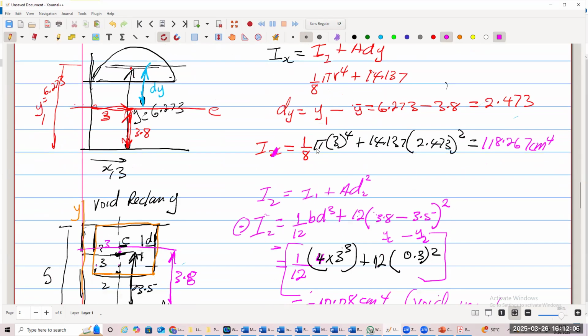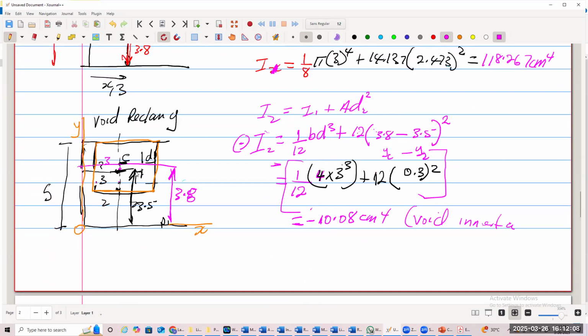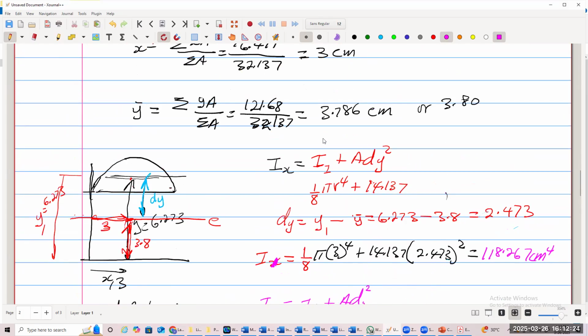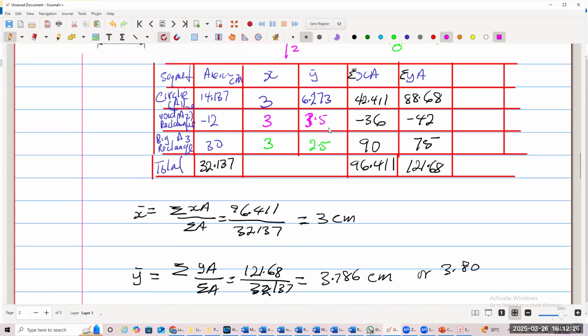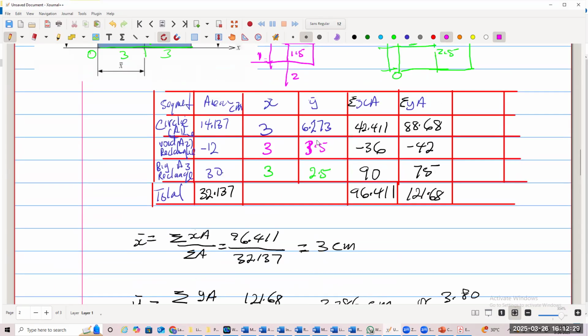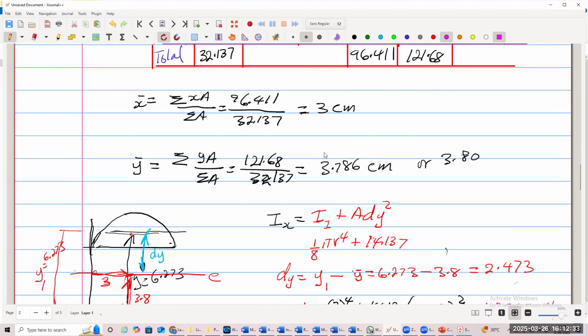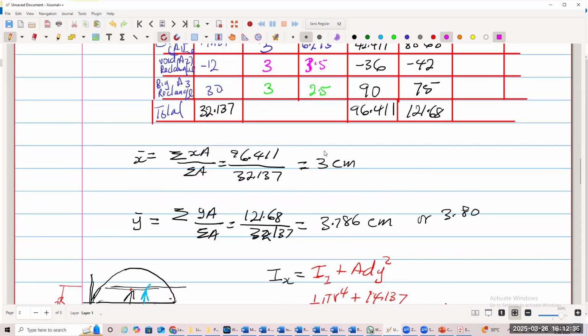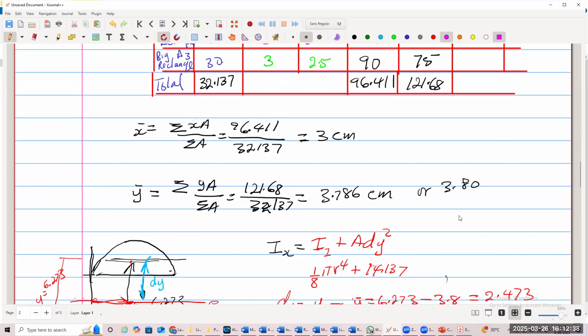Right? 3.5 minus 3.8. Yeah, because we got the answers correct. This is the void one. Y is 3.5. This is x, so it's 3.5. And the centroidal distance for y was 3.8.